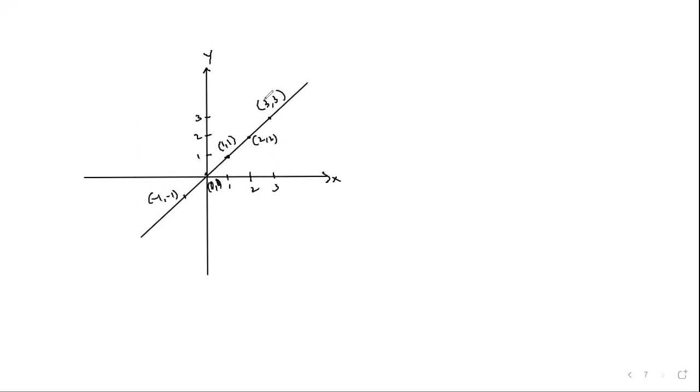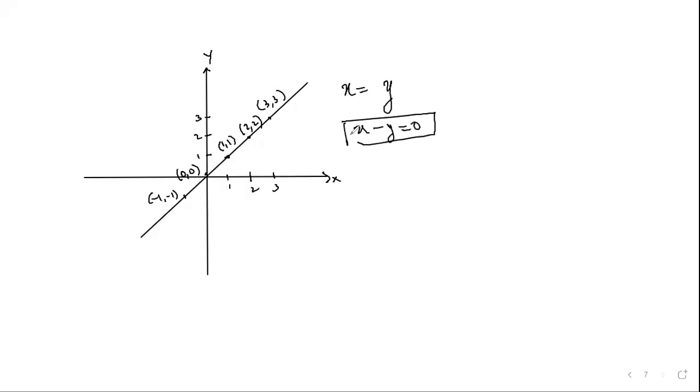Can you tell me from this, what is the equation satisfied by every point? Sir, x minus y equals to 0. Very good. Excellent. Either you can say x equal to y, you can say x minus y equal to 0.